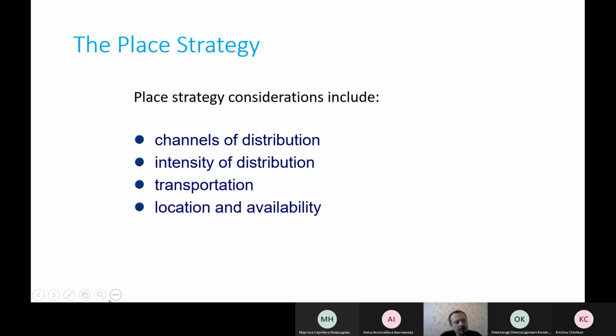For example, if speaking about sweets, I should eat some chocolate maybe after this lecture, because I don't know why I'm always trying to speak about sweets. If speaking about a Russian company, you know that it is possible to buy some products only in their own shops, and this is a part of the strategy.